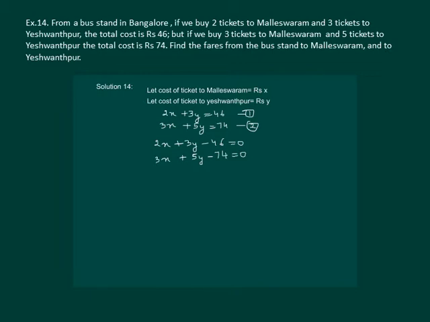Now we draw the diagram. Write x and under x leave the coefficients of x and write the coefficients of y and the constant term. We get 3, 5, minus 46, minus 74.